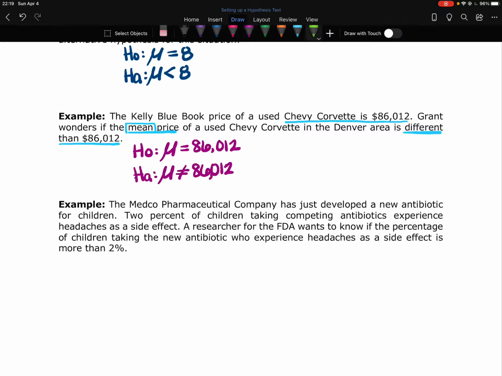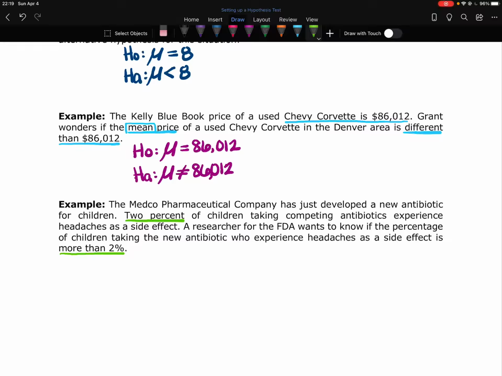So now here, let's see, we have a new antibiotic. 2% of children on a competing antibiotic are experiencing headaches. That might be important, 2%. It's written out in words, but it's still a number, 2%. A researcher for the FDA wants to know if the percentage of children taking the new antibiotic who experience headaches as a side effect is more than 2%.